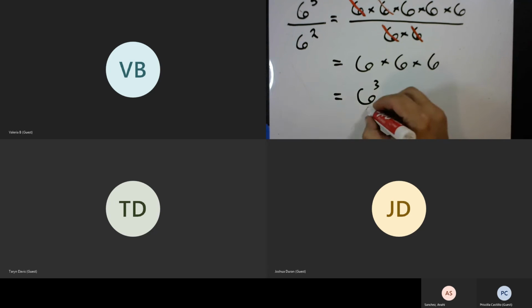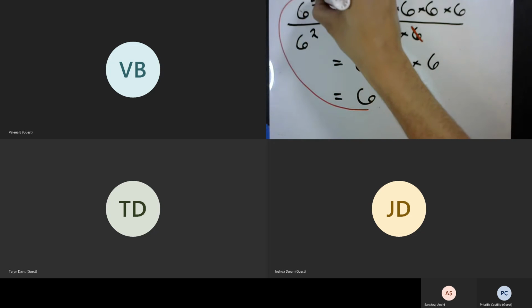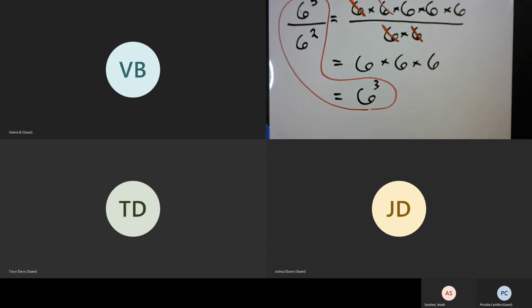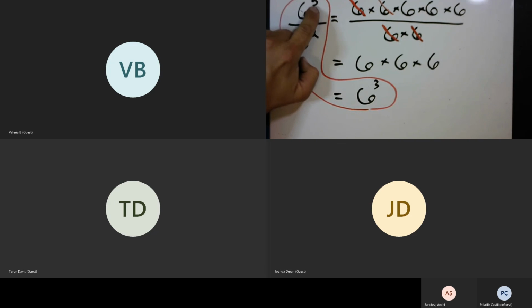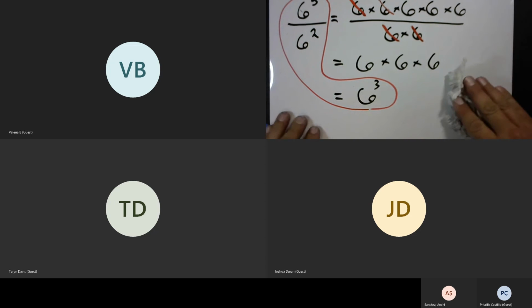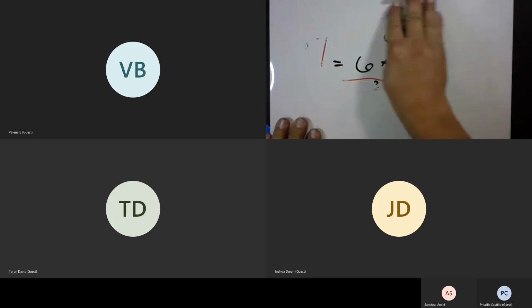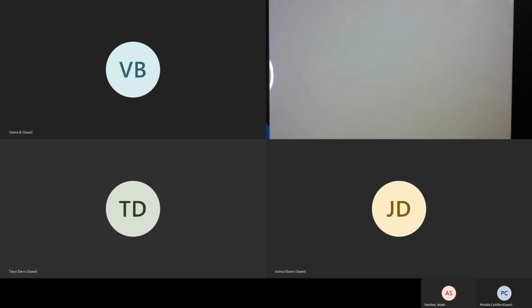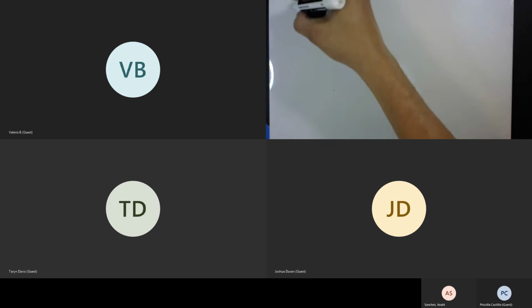Now, let's take a look for a shortcut. If we look at our answer, we get this number by subtracting the bottom number from the top number. So this is what we call the quotient rule.